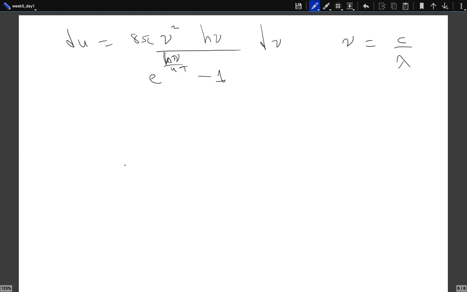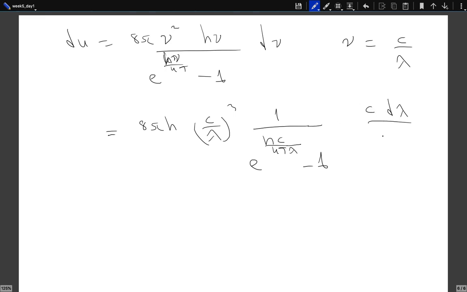If you go to lambda, this becomes 8 pi h c over lambda cubed, 1 over e to the power h c over kt lambda minus 1, times c d lambda over lambda squared.